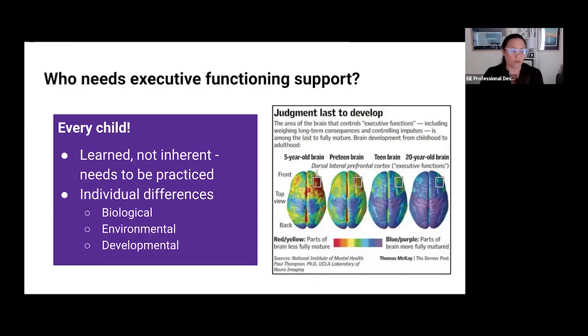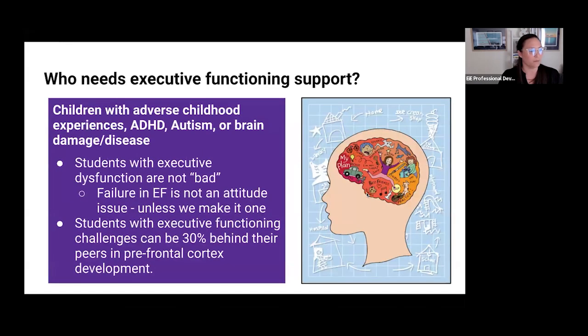There is a reason we don't rent cars to anybody under 25: the prefrontal cortex is not fully formed until that point, right? So we have to remember that when we're talking to students, that things like multi-step directions, oral directions, they may need more support even than their peers. And Kelly's going to talk about a different group of students that also will need executive functioning support.